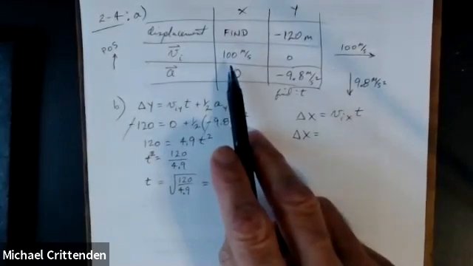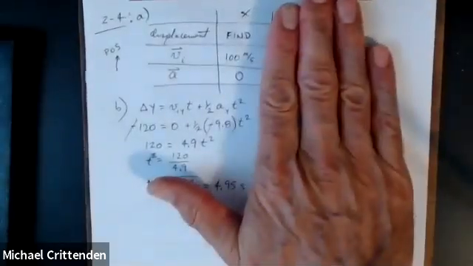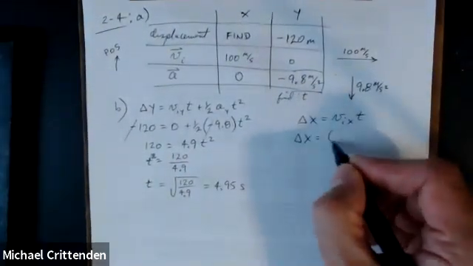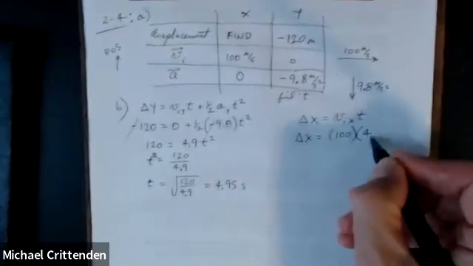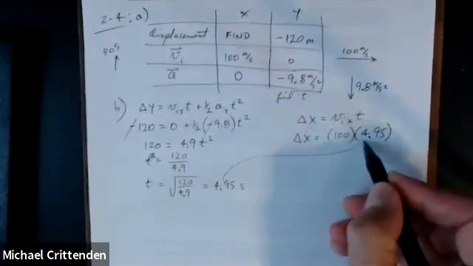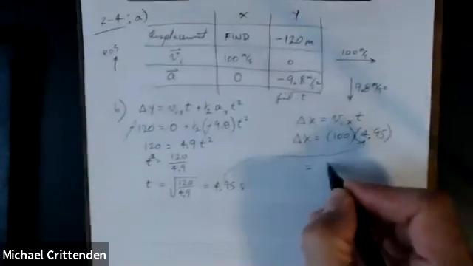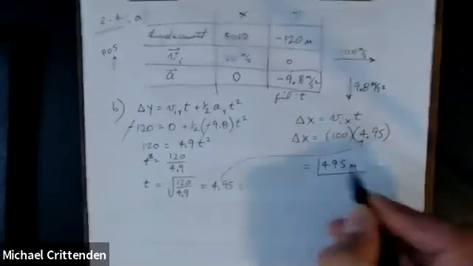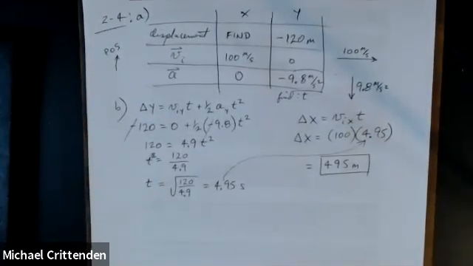V initial x is 100. So we're in that column now. Now I've got the 4.95. That's the answer.